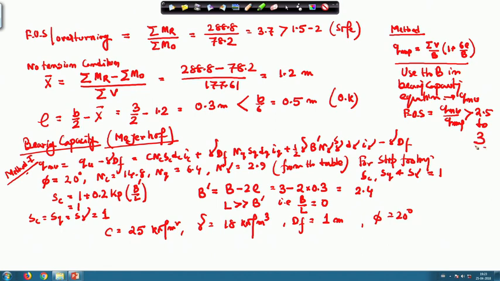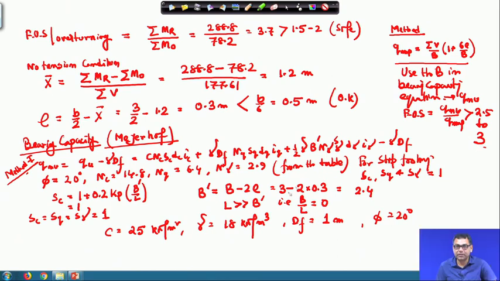So, if you are using B dash, then calculate the force and compare with the force. But if you are using Q max, then use B, calculate the load carrying capacity Q net ultimate, and compare it with Q max. Any one of them you can use.